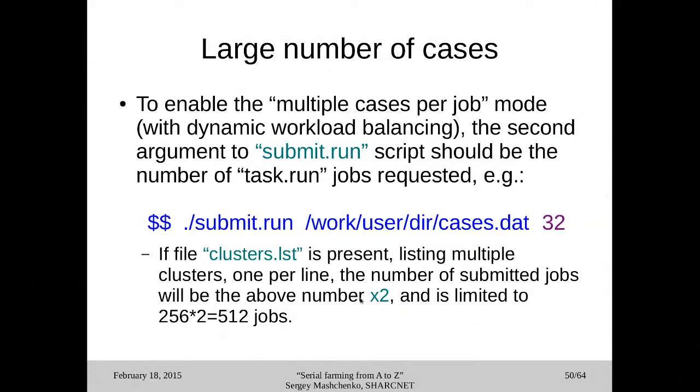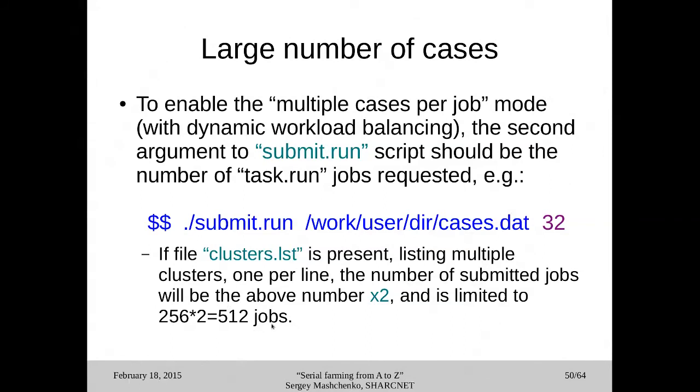Now, the number of jobs you actually submit. Again, there is this ×2 overcommit factor if you use the clusters.lst file. So if you submit to more than one cluster, you end up submitting not 32 as shown in this example, but 32 times 2 to all the clusters in the list, so across all of those clusters. But you should be aware that there are limits built into the scripts.